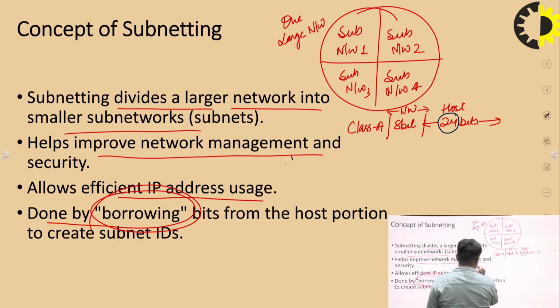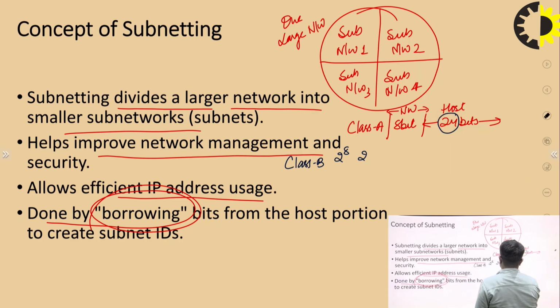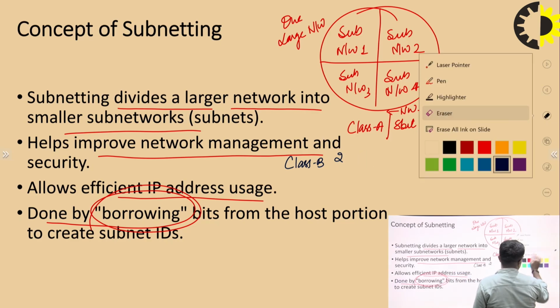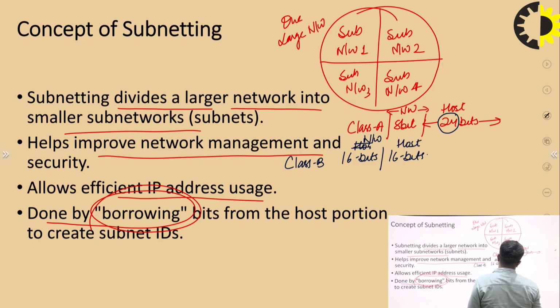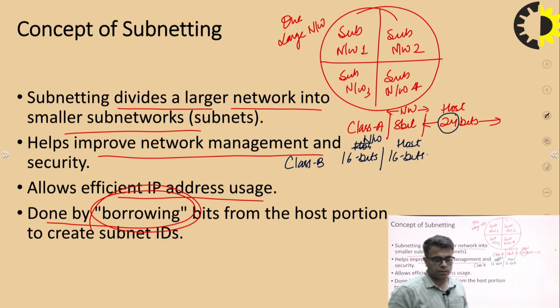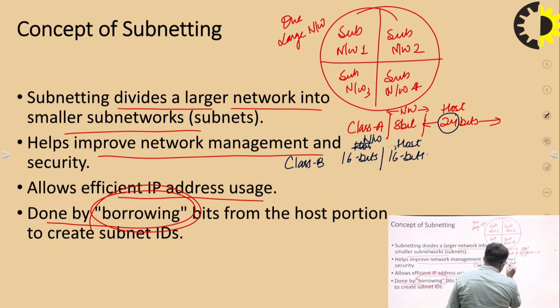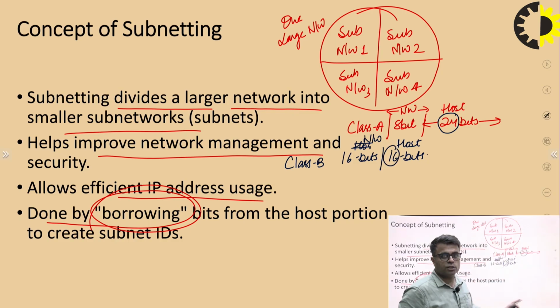Similarly, in class B, rather than mentioning in 2 raised to power form, let's write 16 bits for network and 16 bits for host. So if you want to create multiple subnetworks in a class B network, then we have to borrow some bits from these 16 bits of host.